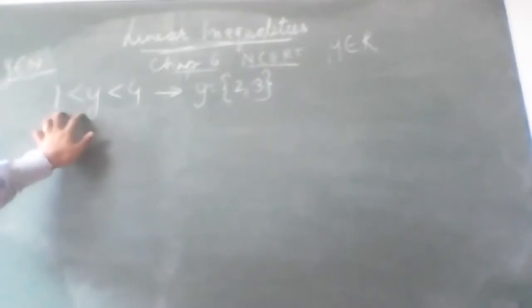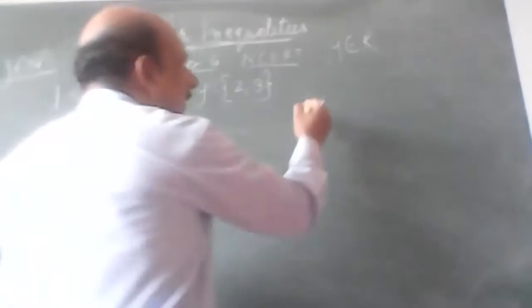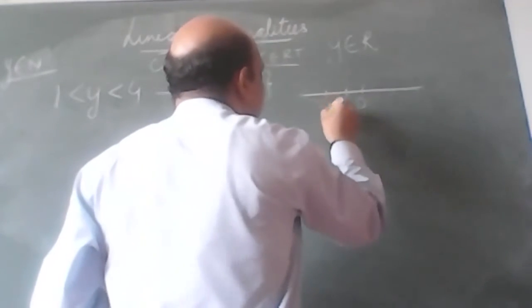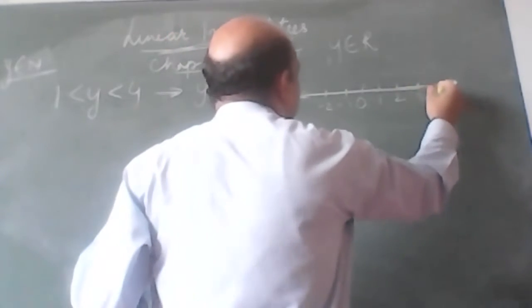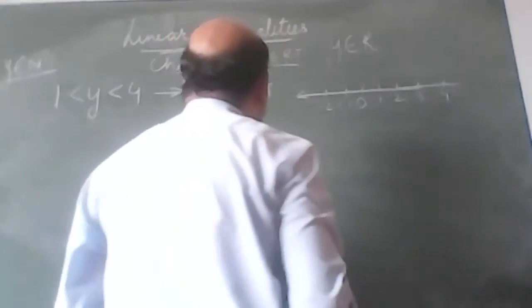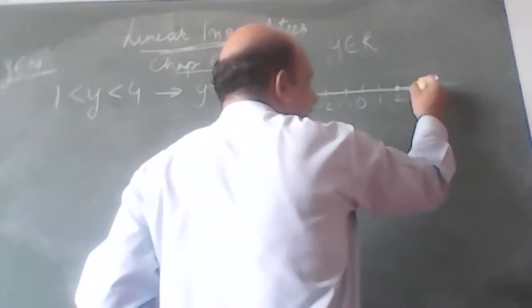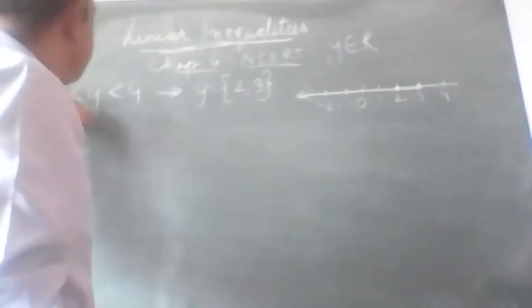Natural numbers greater than 1 and smaller than 4 will be 2 and 3. If I have to show it on a number line, I will show this number 2 darkened and this number 3 darkened. The same stands for whole numbers also.